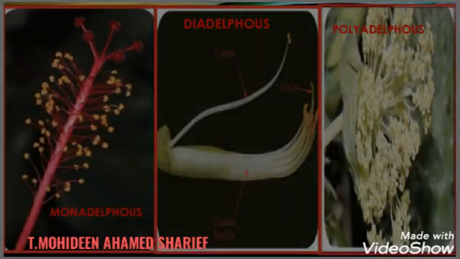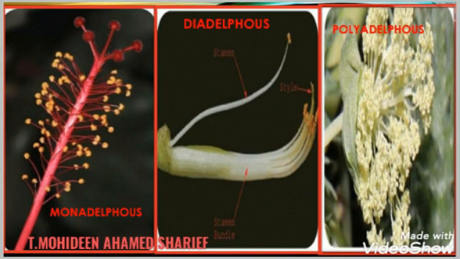So the filaments connate into many bundles. So in diadelphous you can see filaments of stamen connate into 2 bundles, whereas in monadelphous you can see the filaments fused into one bundle.